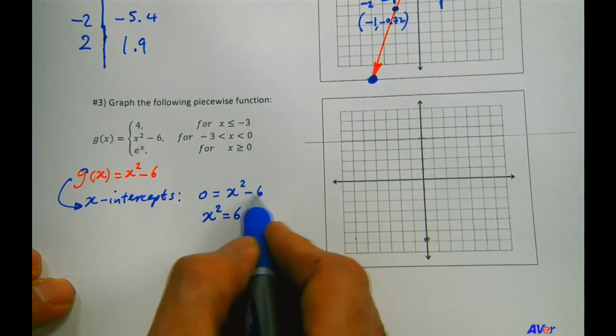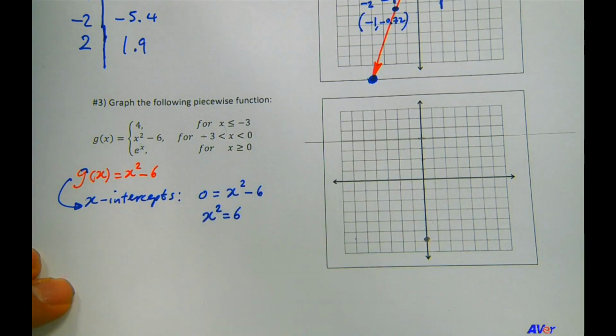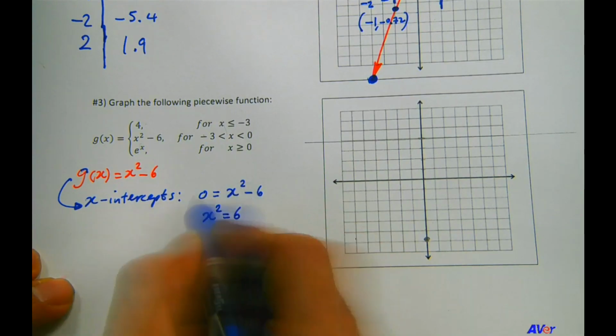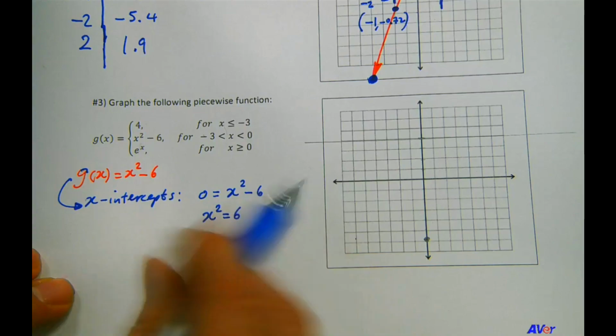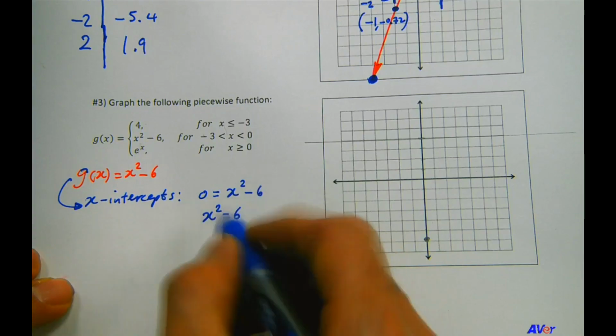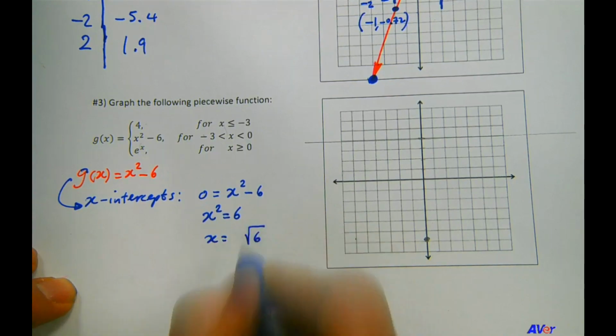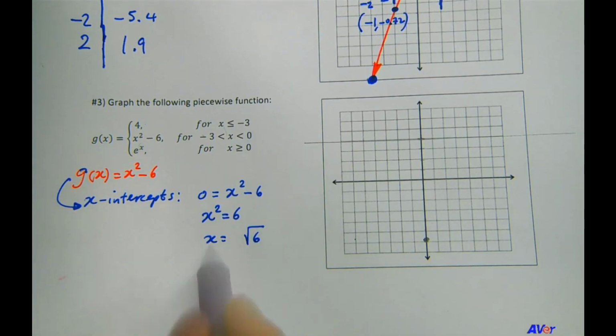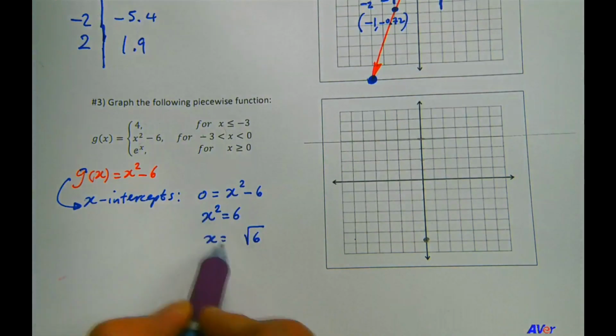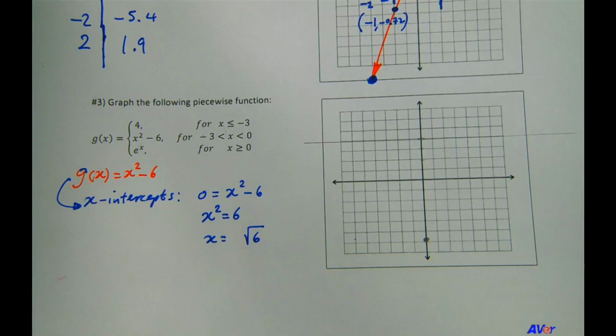I just moved this negative 6 to the opposite side. It doesn't matter if 6 is on that side or this side, as long as they're on opposite sides. And then x is equal to the square root of 6. Is that correct? X equals the square root of 6.